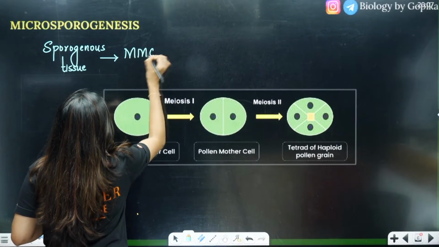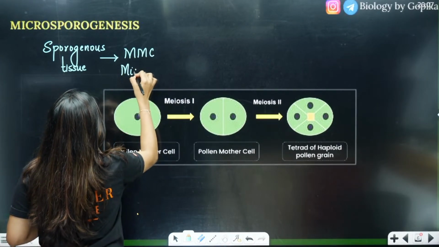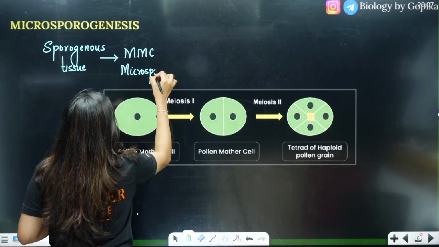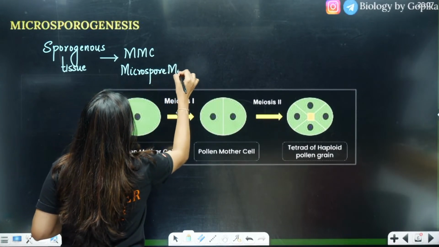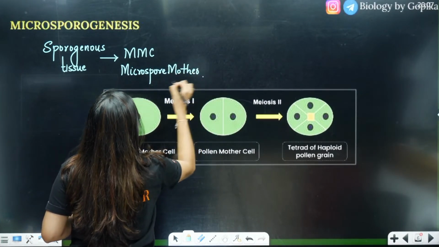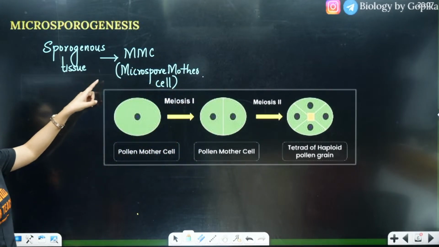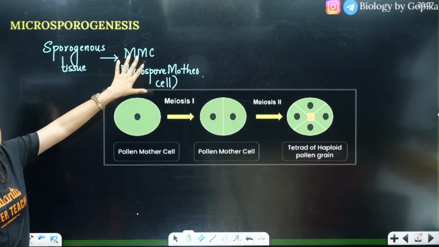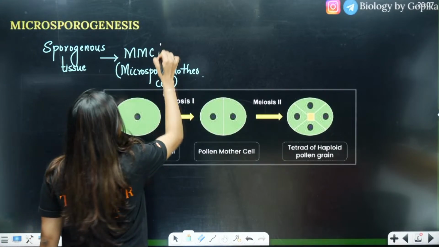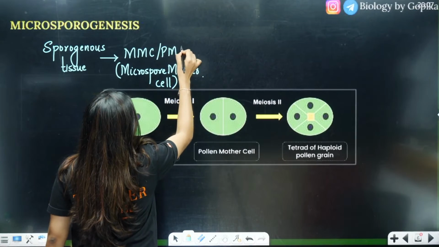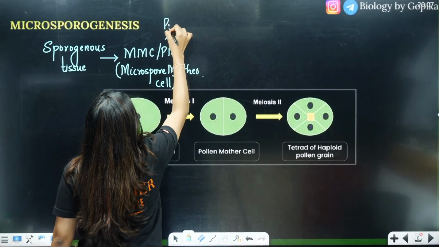MMC stands for microspore mother cell. Meiosis will happen, it will form a diploid MMC, microspore mother cell, or I can also write PMC, that is your pollen mother cell.